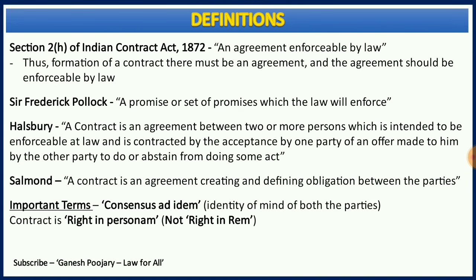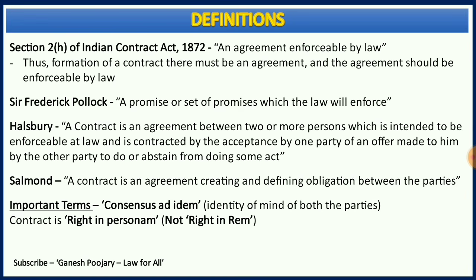Whereas Salmond kept it very easy and small by saying a contract is an agreement creating and defining obligation between the parties. He says there is obligation between the parties. That means both the parties will have obligation when they are coming into an agreement as far as a contract is concerned.